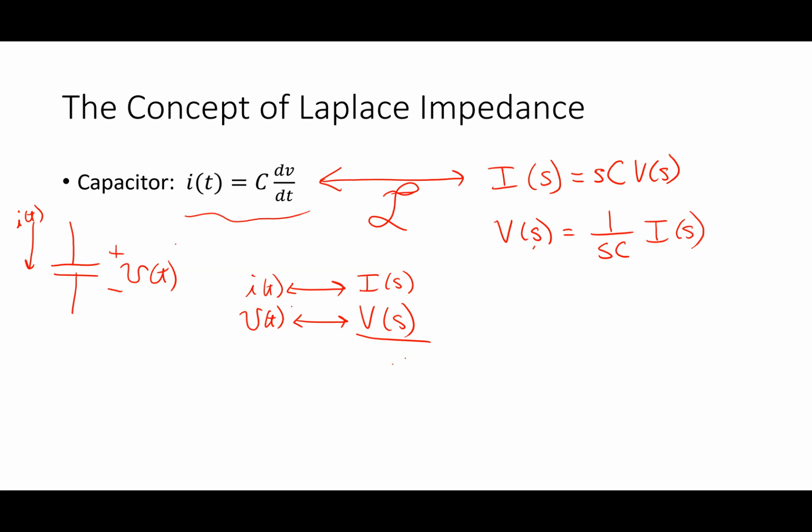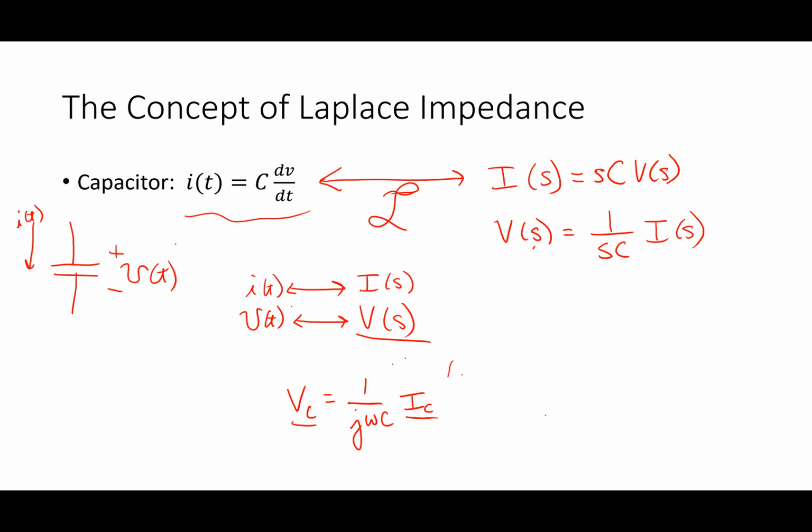Just to remind ourselves, for a capacitor, the phasor when we did impedance was V sub C equals 1 over J omega C times the phasor I sub C. That's what we learned previously.